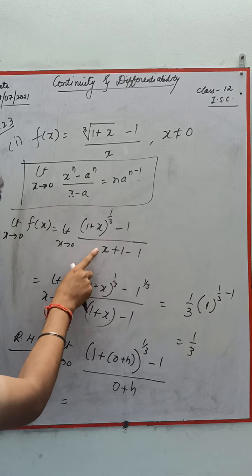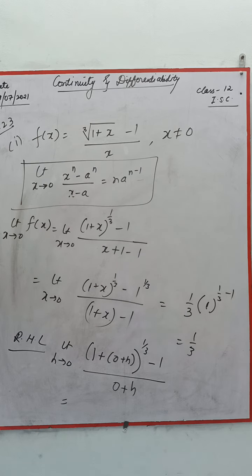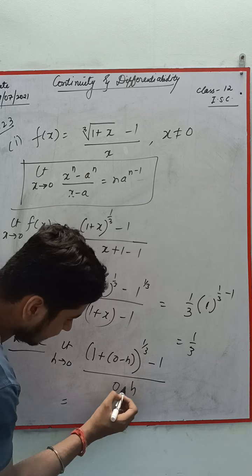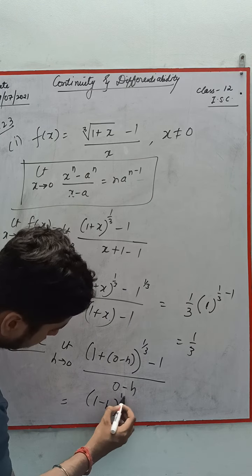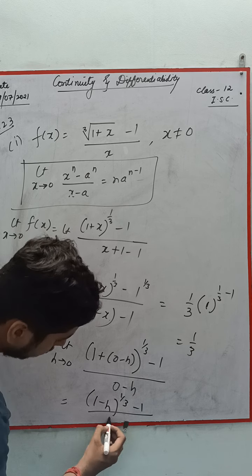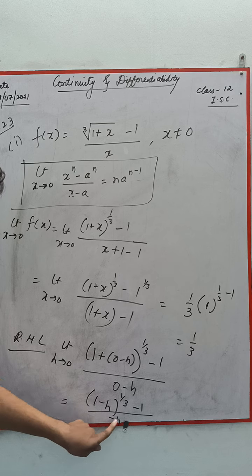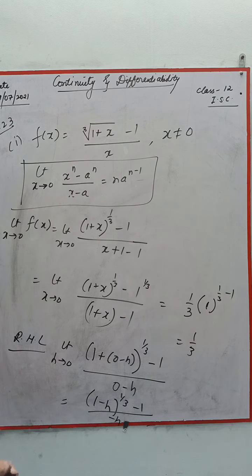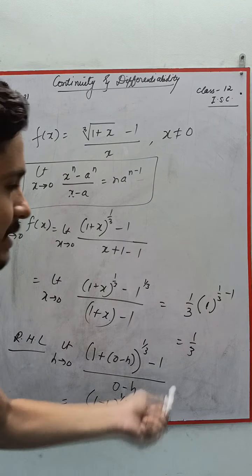The same case here, add 1, subtract 1, you will get 1 by 3 as the answer. Now for the LHL case, it will be minus. So it will give you (1 minus h) to the power 1 by 3 minus 1 upon minus h. Now you need to add 1 and subtract 1 to get the above result, and this answer will also be 1 by 3. And that is how you can prove 1 by 3, 1 by 3, 1 by 3. So hence it is continuous.